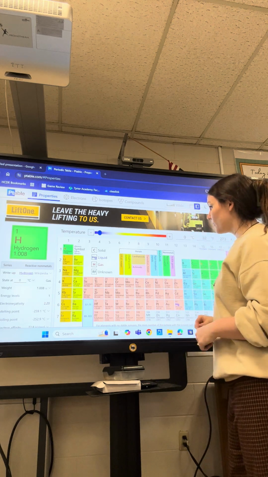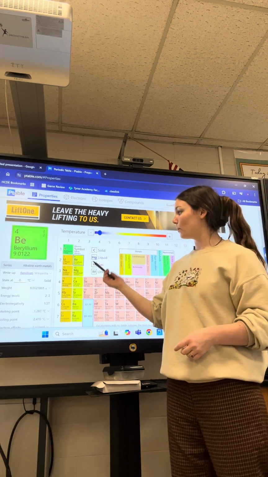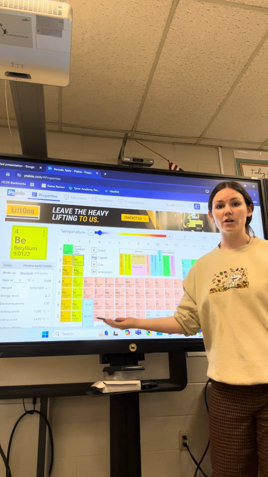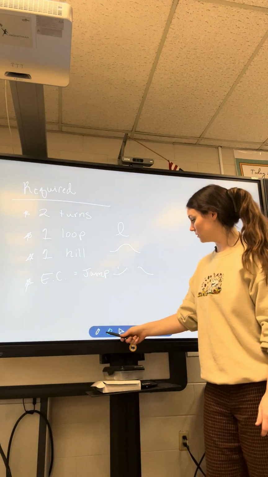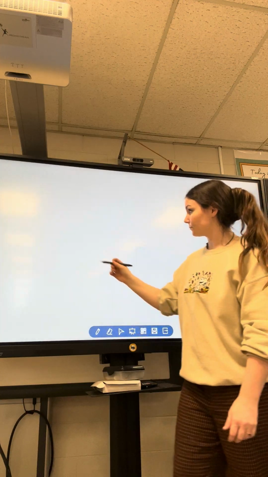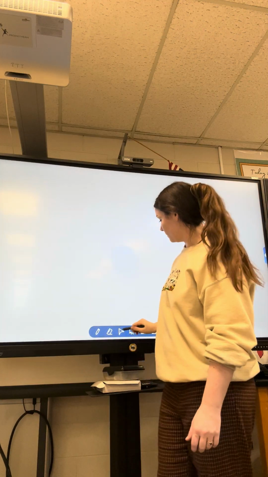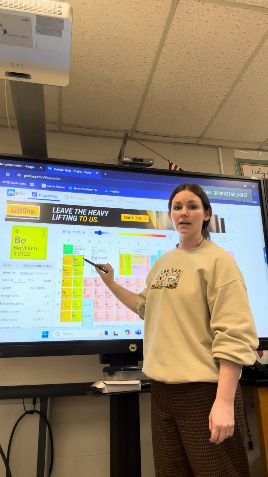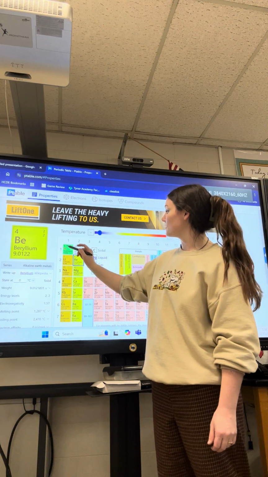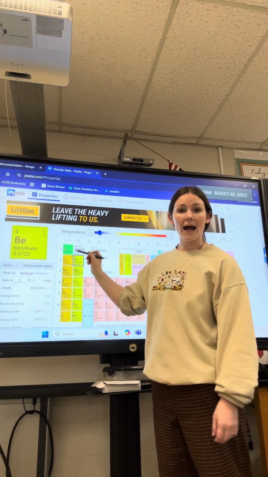So let's take a moment and try to figure out the electron configuration of beryllium. Let me show the periodic table back again. Beryllium is over here and it's in row 2, and we always want to start up here at hydrogen.